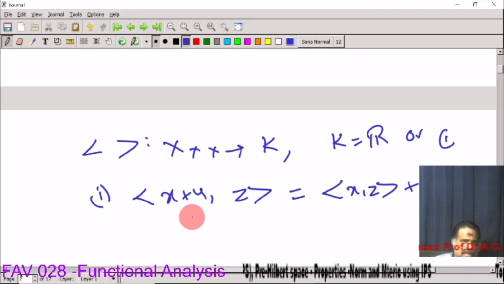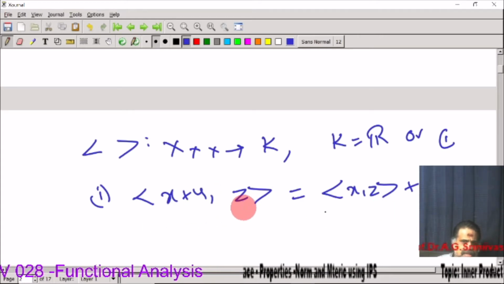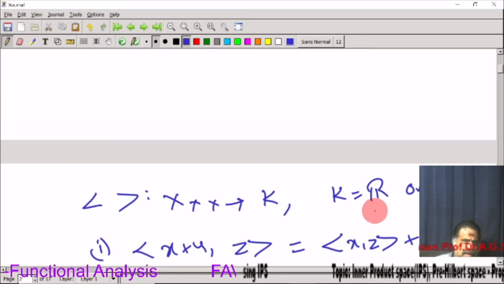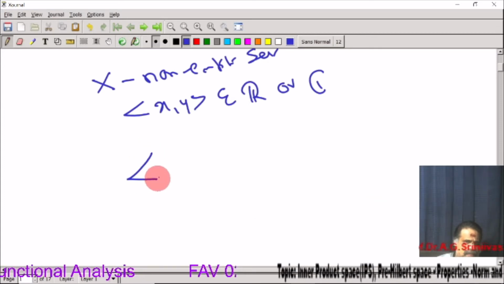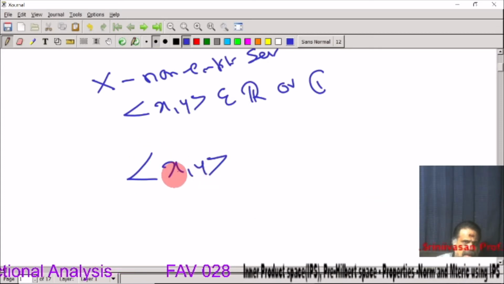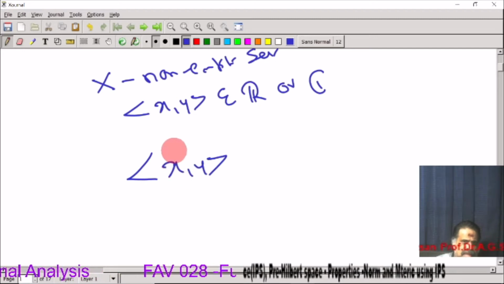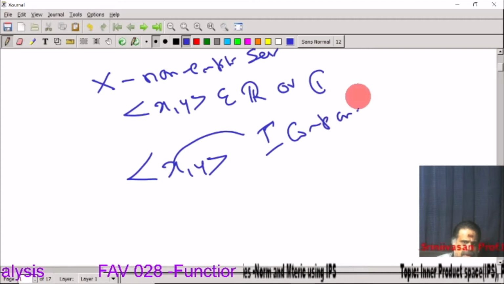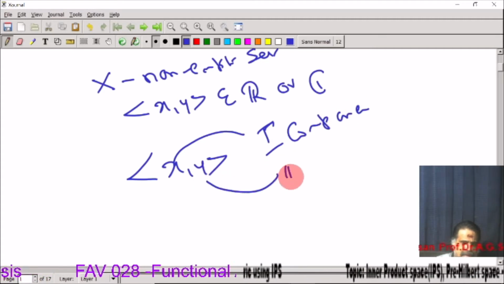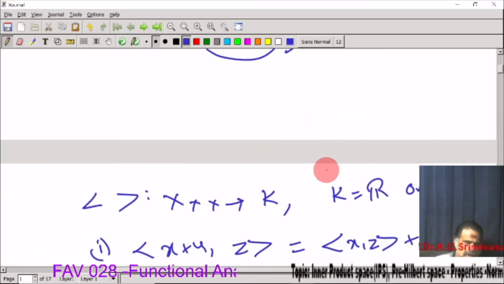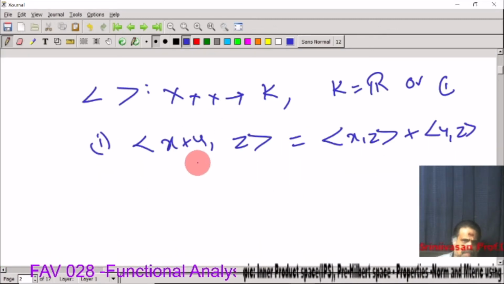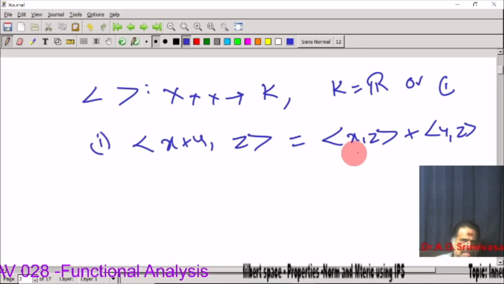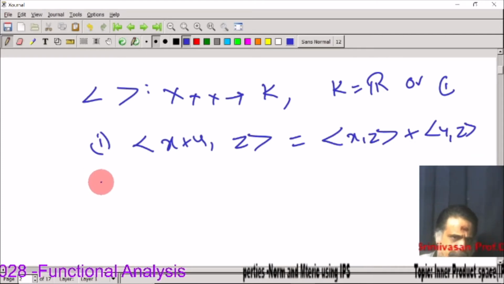In the inner product x comma y, x is called the first component and y is called the second component. So the first axiom is that the sum in the first component is the sum of the inner products.